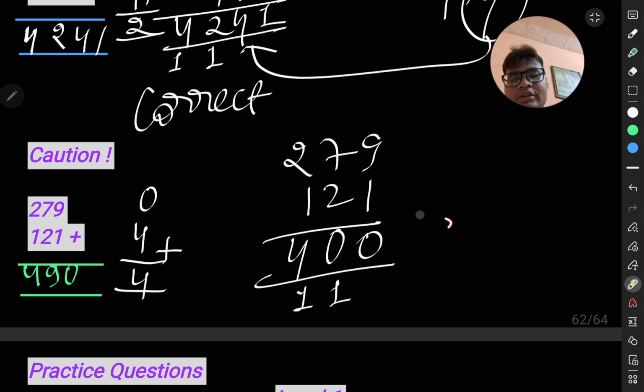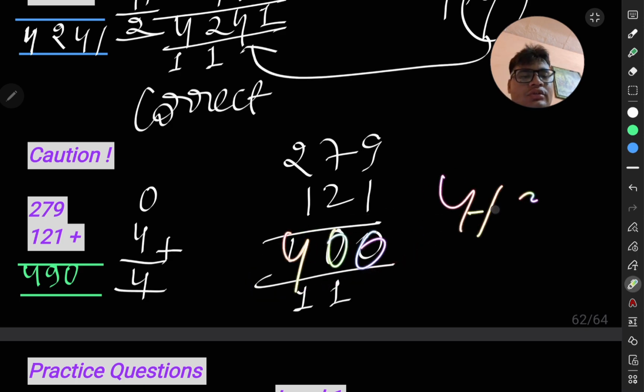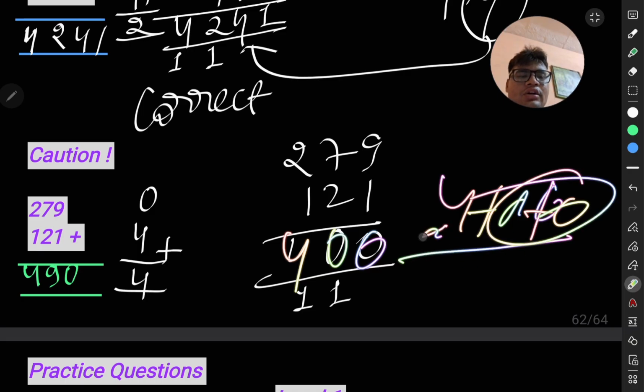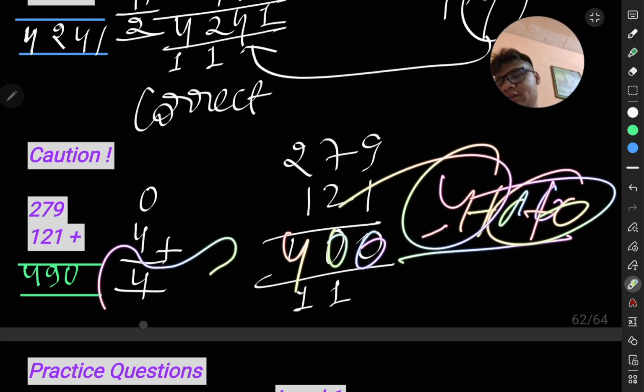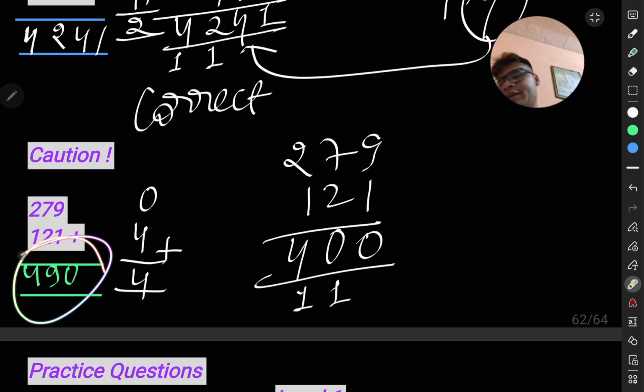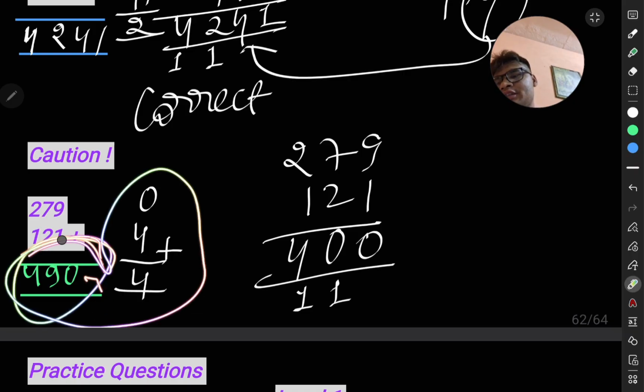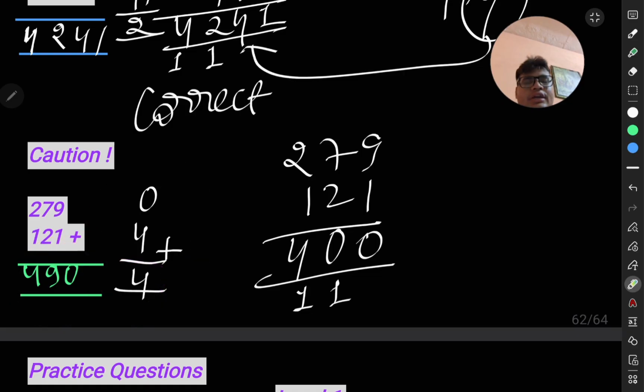This is the sum: 4 plus 0 plus 0. We ignore the 0 and keep only 4, so we get 4 also. So this process also applies here, and you should think about this problem.